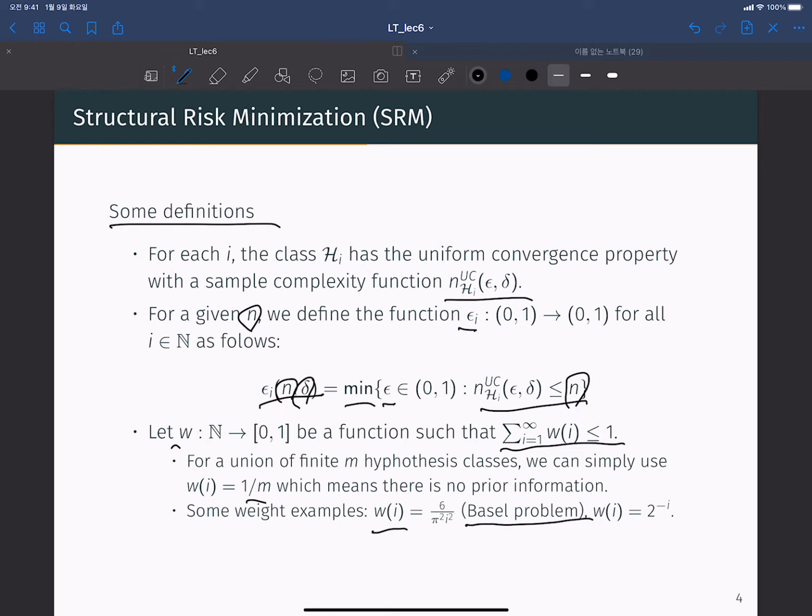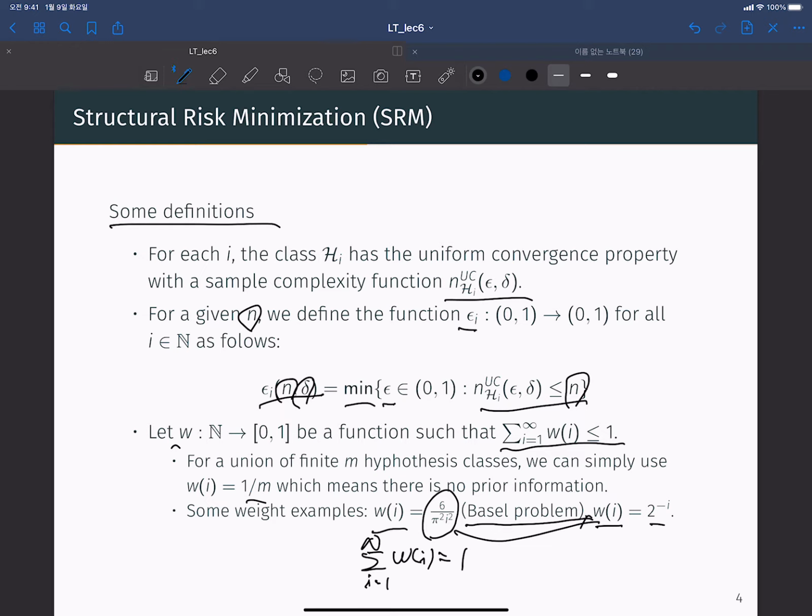When you search the Basel problem, you can easily know that the sum of such w_i is equal to 1 as i goes to infinity. Or w_i is 2 to the minus i. Here also the sum of 2 to the minus i is equal to 1. So they are very nice examples of weight functions.